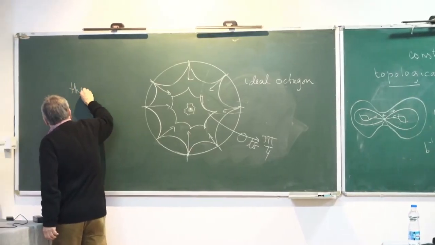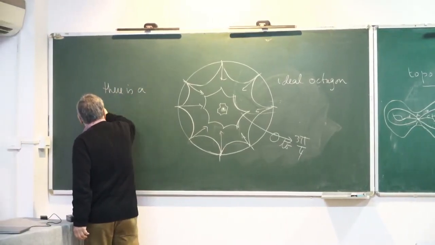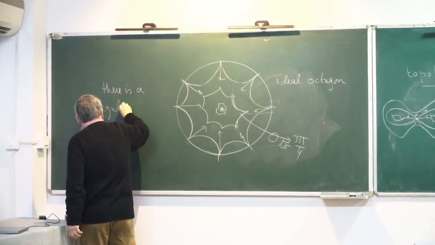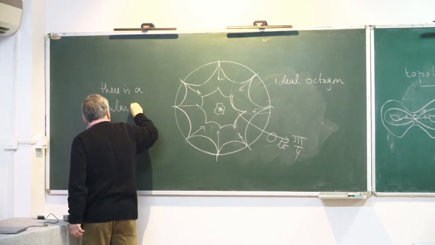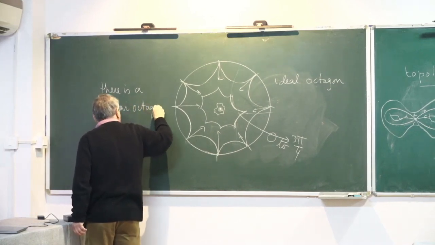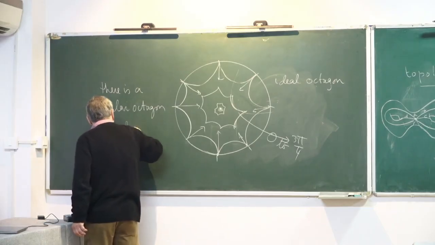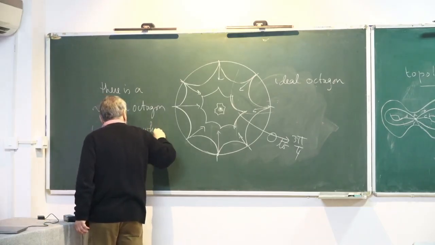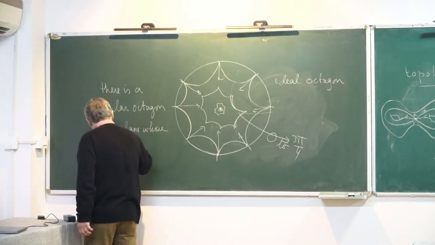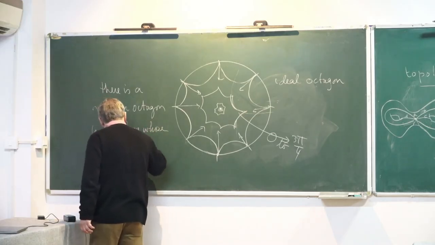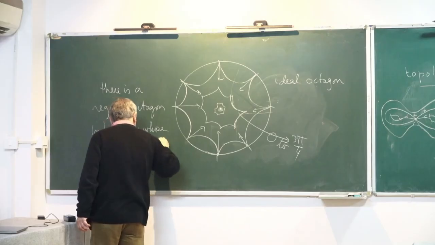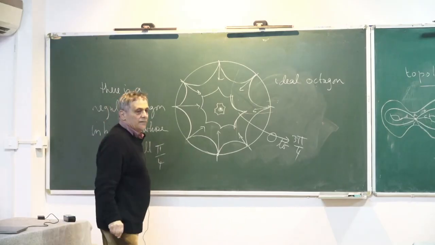So there is a regular octagon in the hyperbolic plane whose angles are all pi over 4.